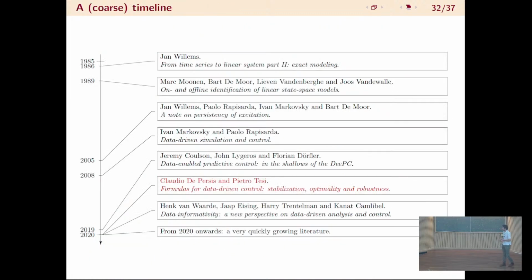Okay. So then, after the data-enabled predictive control, we continue with another application of the fundamental lemma. This was by Claudio De Persis and Pietro Tesi in a paper from 2020 on formulas for data-driven control.